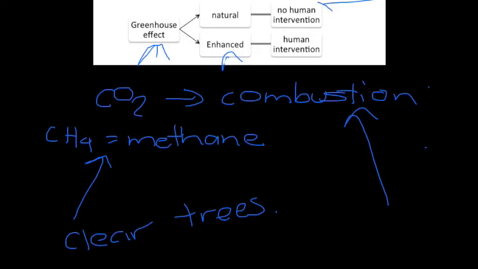So we have a twofold effect. One, we've got human activity causing these things, and the second is that the human activity that's caused these things has also resulted in no way of converting these greenhouse gases into something useful.